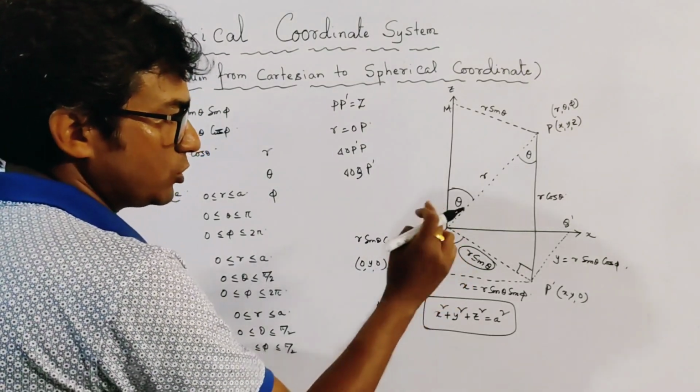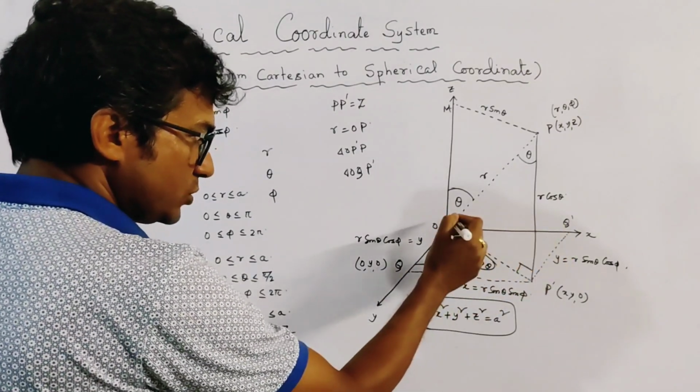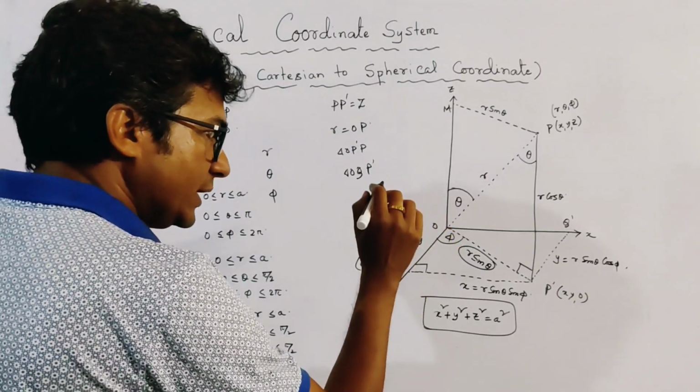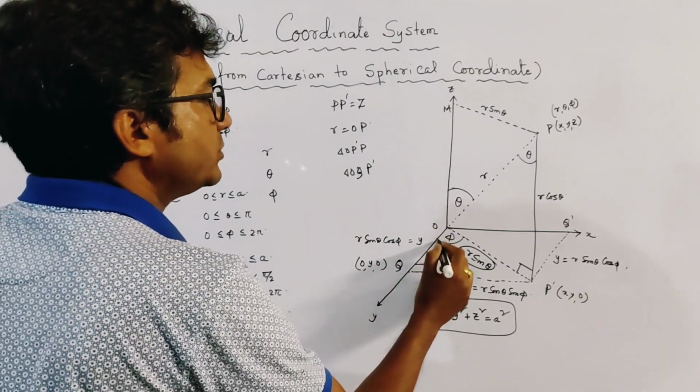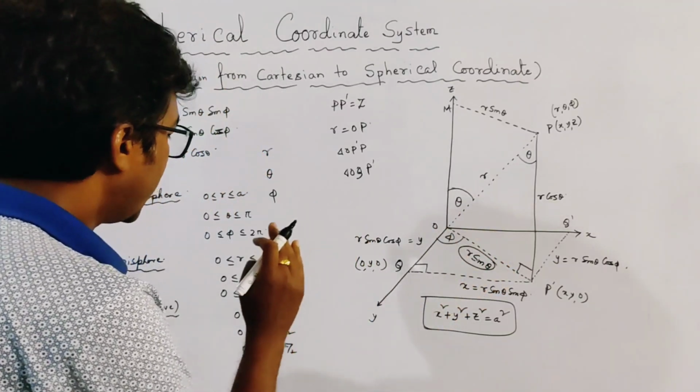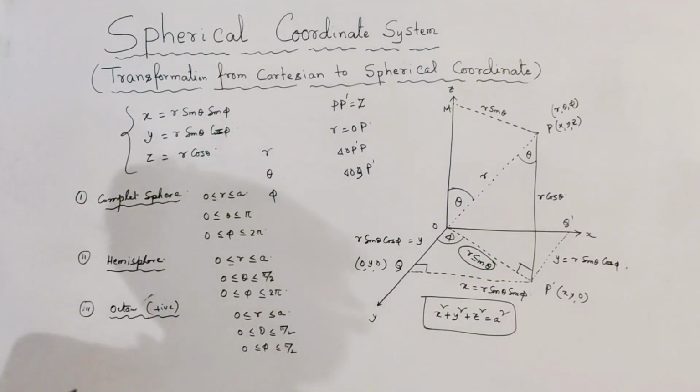Because for the first octant, that is OX, OY, and OZ, we have to take the value of phi from 0 to pi by 2, value of theta from 0 to pi by 2, and value of r from 0 to a. Clear?